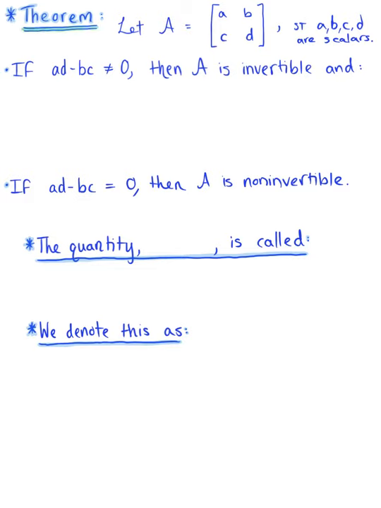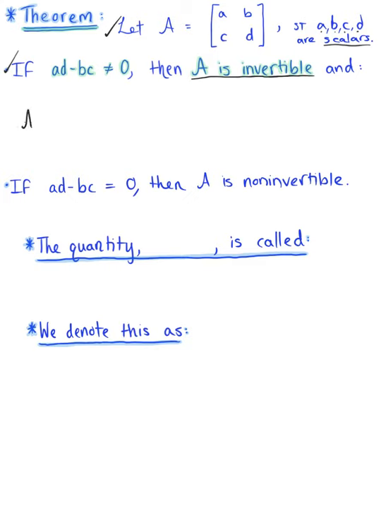Now to begin, we want to let matrix A be a 2 by 2 matrix defined as A, B, C, D, such that A, B, C, and D are all scalars. Now, if the quantity A times D minus B times C does not equal 0, then matrix A is invertible or non-singular.